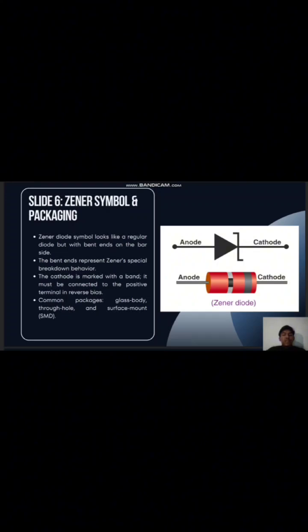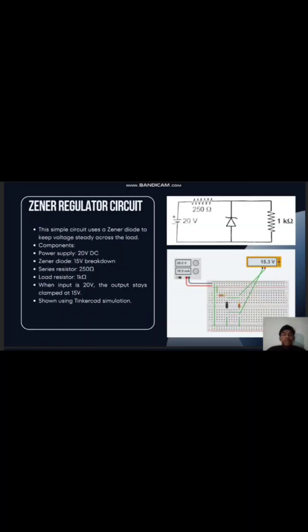For example, if you are using a 5.1 volt Zener diode for voltage regulation, you connect the band cathode leg to the positive voltage and the other leg, the anode, to ground. The diode will only conduct if the voltage goes above 5.1 volts in reverse. Common packages are glass body, through hole and surface mount SMD.